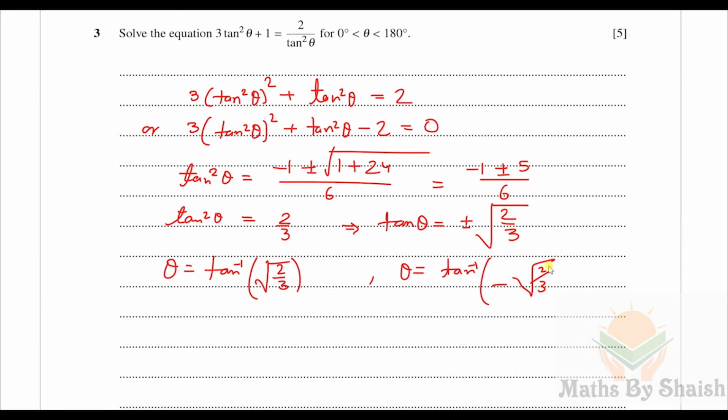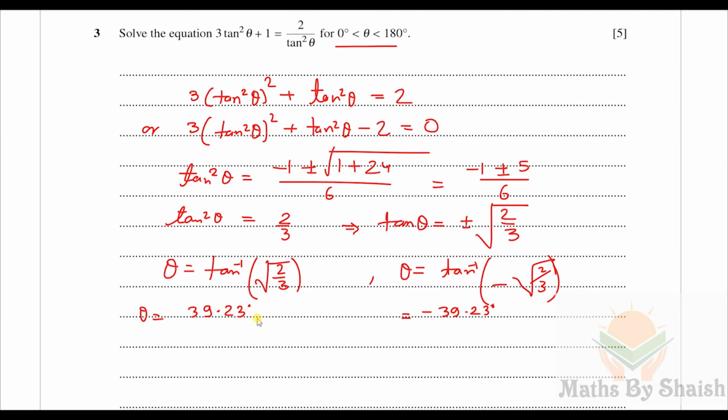Now we'll calculate these values from the calculator. So the first value of theta from here is coming 39.23 degrees, and from here we are getting minus 39.23 degrees, and we can see the next angle for tan is 180 plus the previous angle. So if we add 180 to this, it is going to be more than 180.